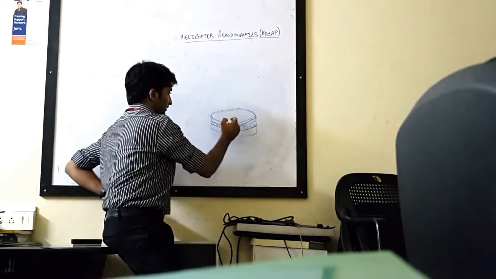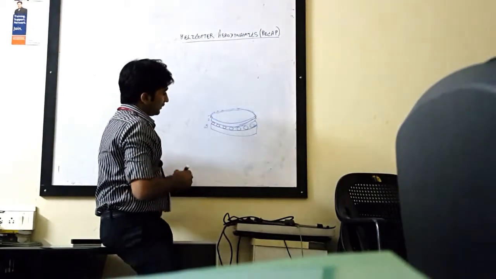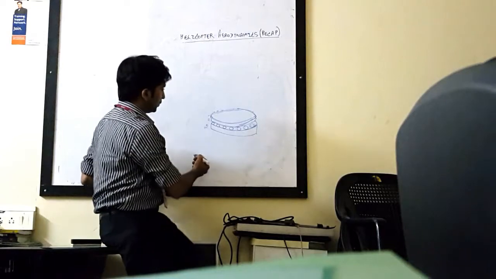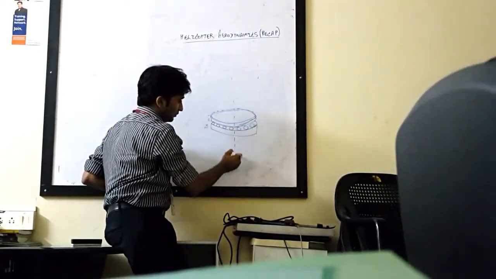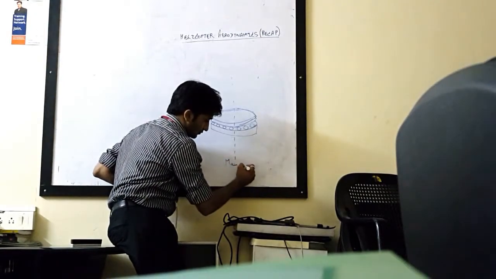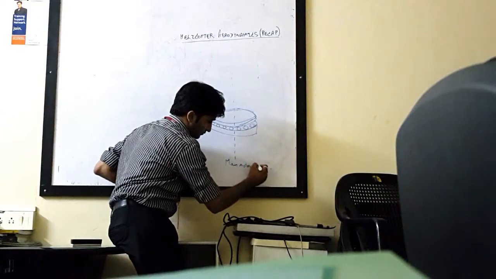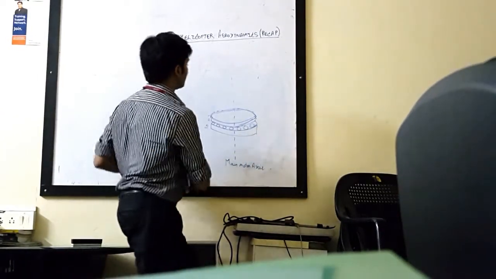Okay. So now this is number 1, this is number 2. So now what happens is this is connected below. This is your main rotor axis.